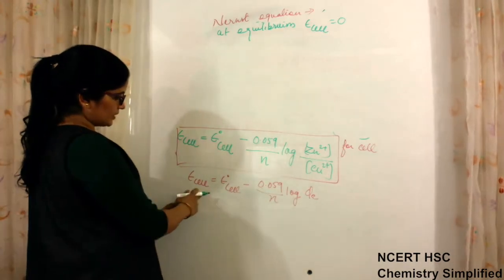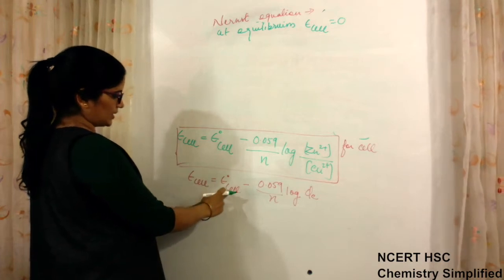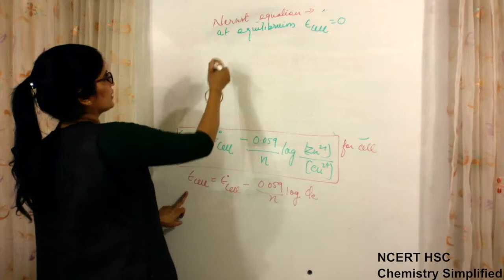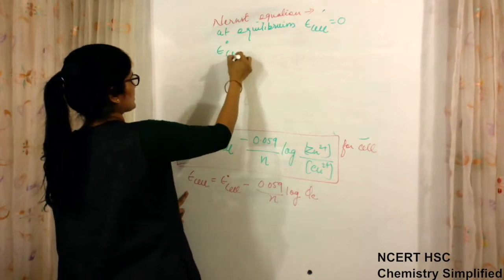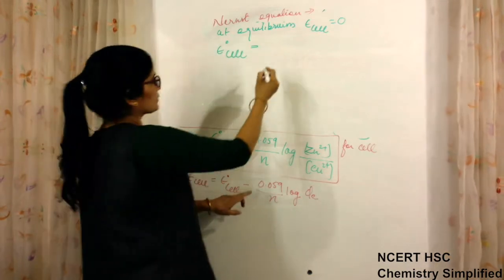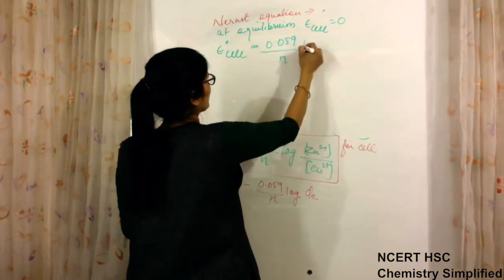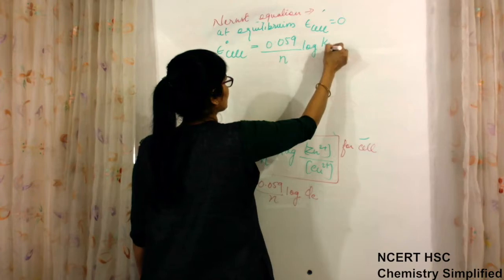In that case, we can modify this equation. Because this has become 0, we will bring this term here. So it will become E standard cell is equal to 0.059 upon n log of Kc.